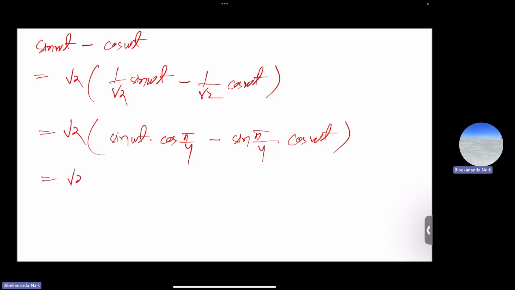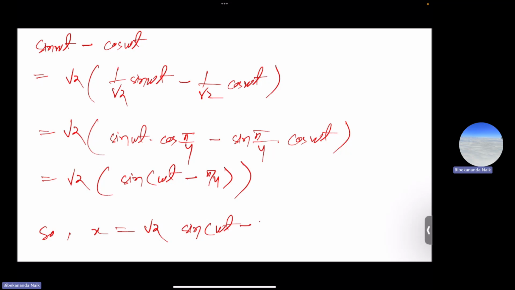This is sin a cos b minus cos a sin b, so this is sin a minus b. So this is sin omega t minus pi by 4. So x is root 2 sin omega t minus pi by 4.